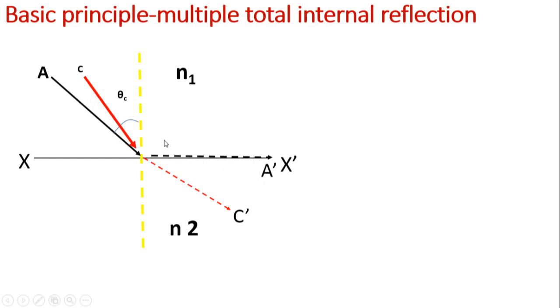When the refraction angle becomes 90 degrees, the angle of incidence in the first medium is called the critical angle. I will define what the critical angle is in the next slide.